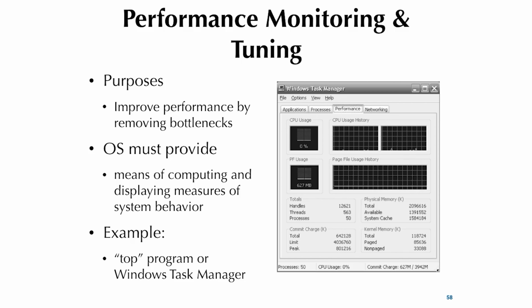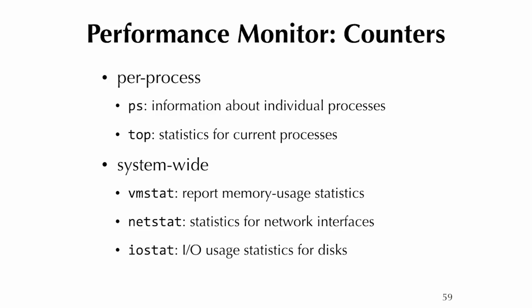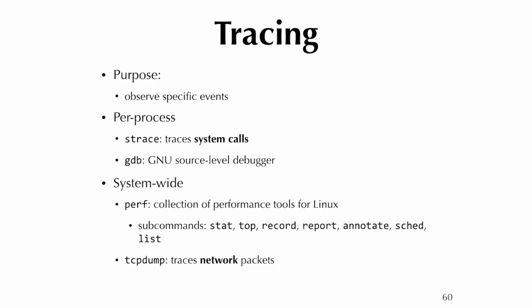And there are graphical versions of top, and then Windows has the task manager, which has the plot for the load, the CPU usage, disk usage, networking usage, and all that. Okay? So these are tools that need the OS to give you access. And then you can monitor at per-process level or system-wide level. There are all these tools you can use. So I'm not going to go into detail.